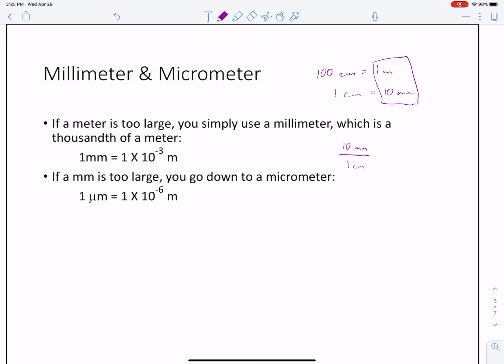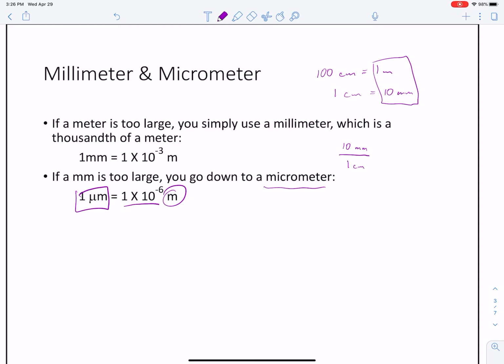If we go really small, then we can use something called a micrometer. A micrometer is very small. It is dividing 1 meter into 1 million pieces.